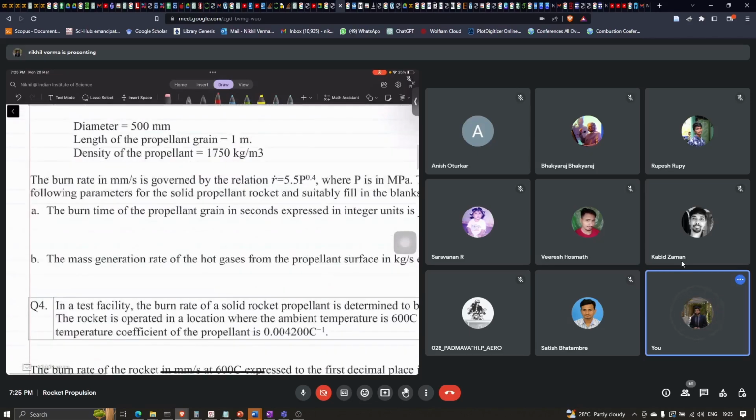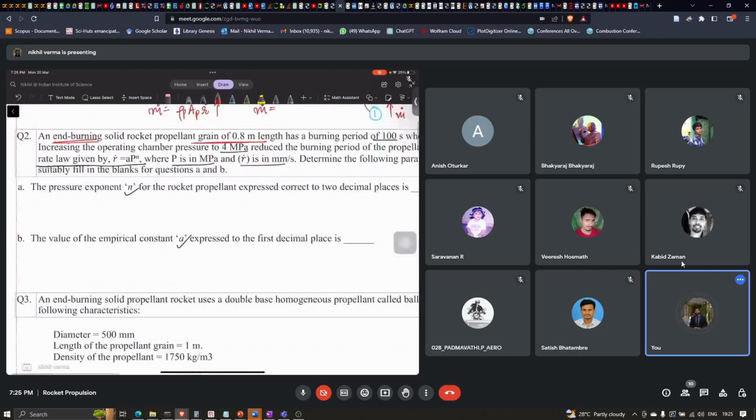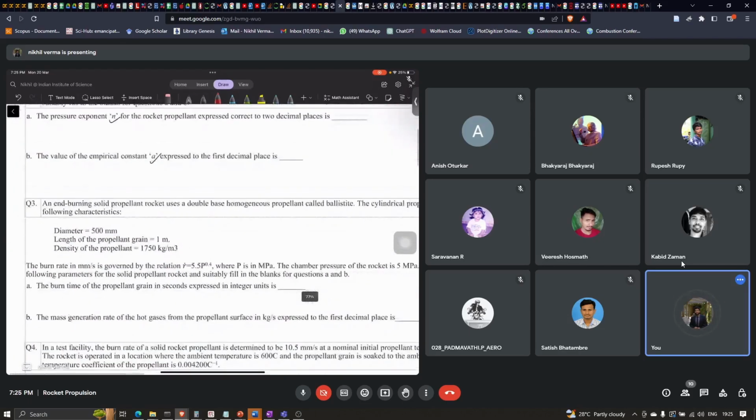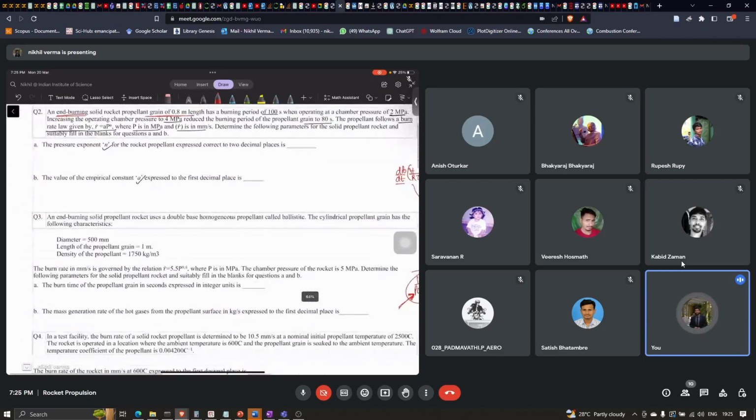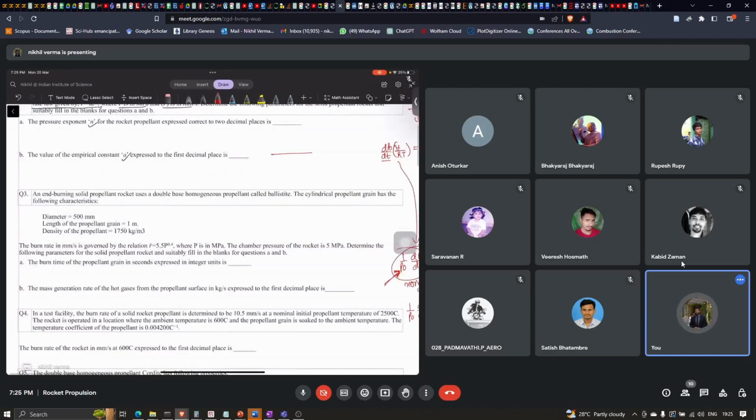I hope you can see the problem, right? So we have an end burning grain. Again, an end burning grain that uses double base homogeneous propellant called ballistite.